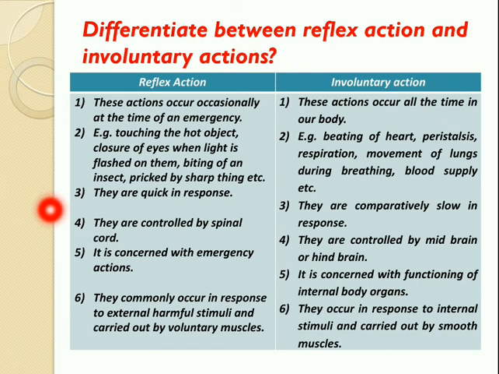Reflex actions are very quick in response, whereas involuntary actions are comparatively slow in response. Reflex actions are controlled by spinal cord, whereas involuntary actions are controlled by midbrain or hindbrain or by the medulla part.